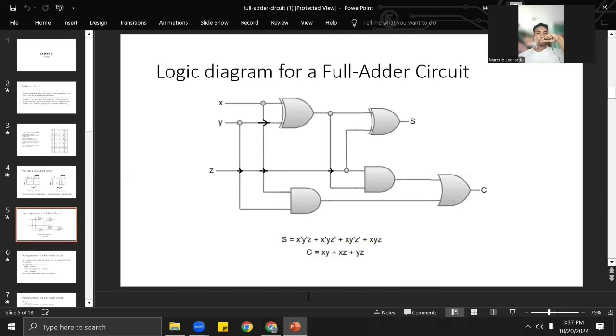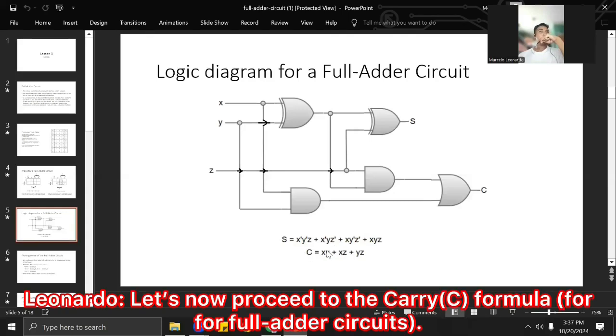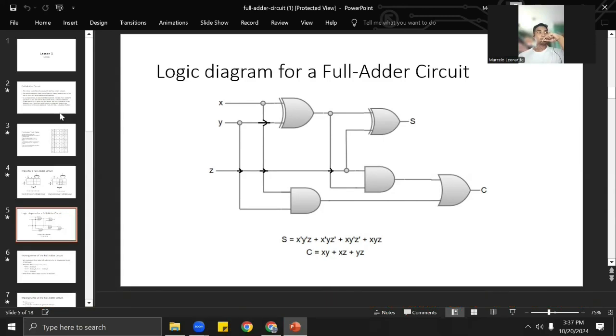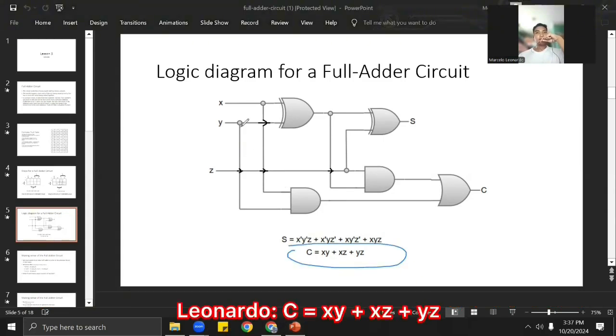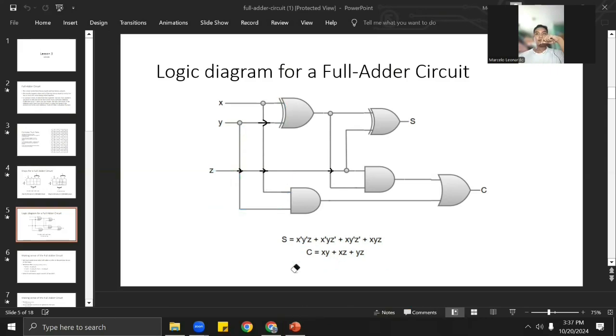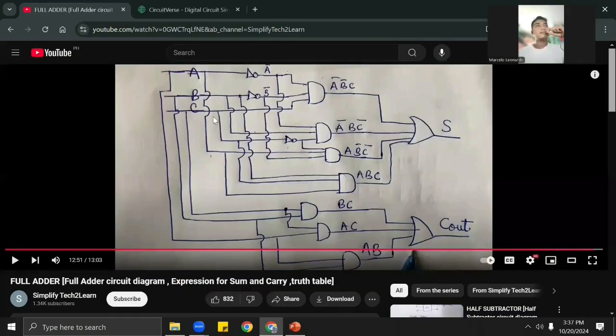Then, let's proceed dito sa carry. Carry equation. C is equal to XY plus XZ plus YZ.